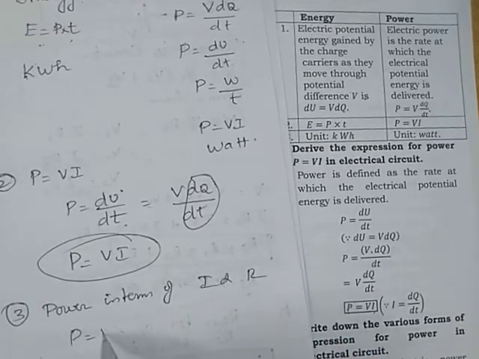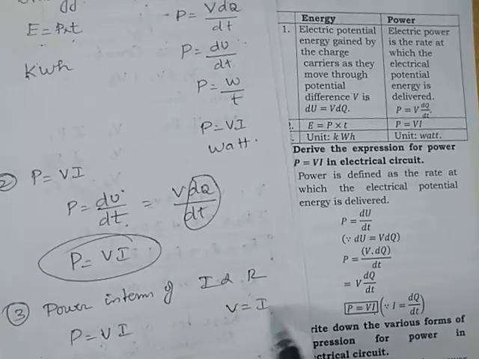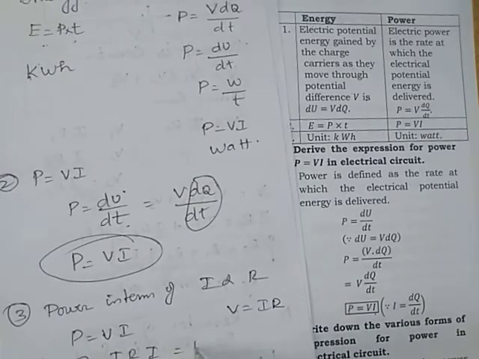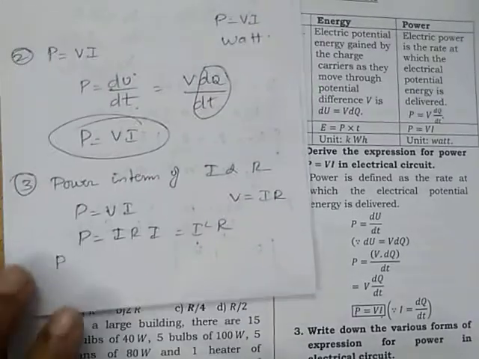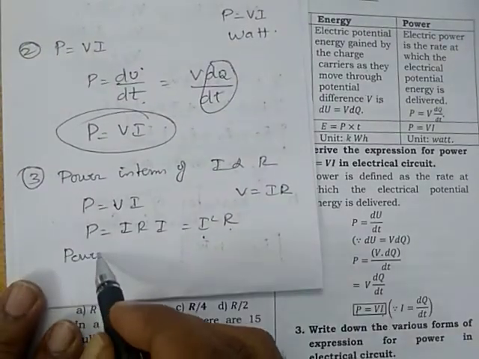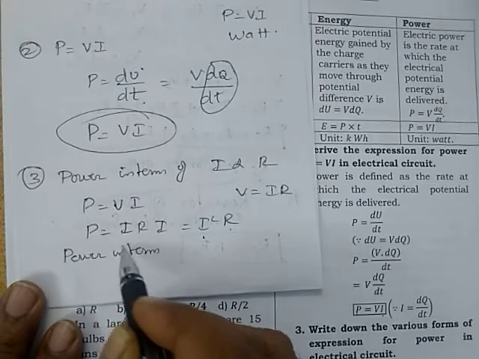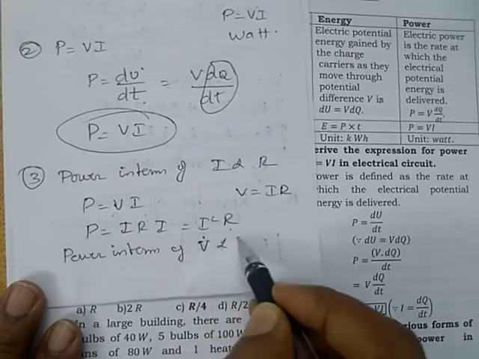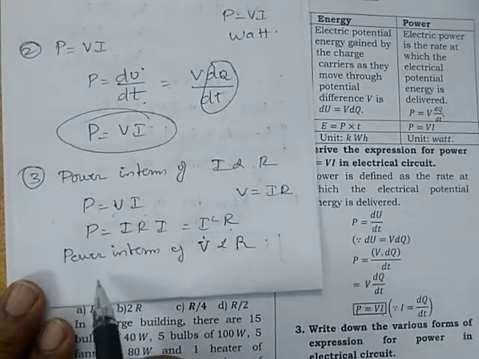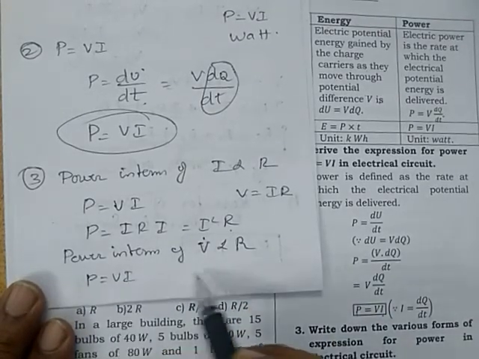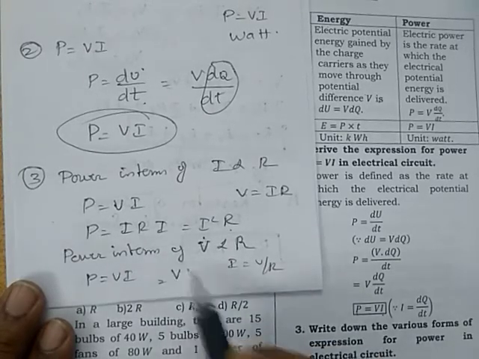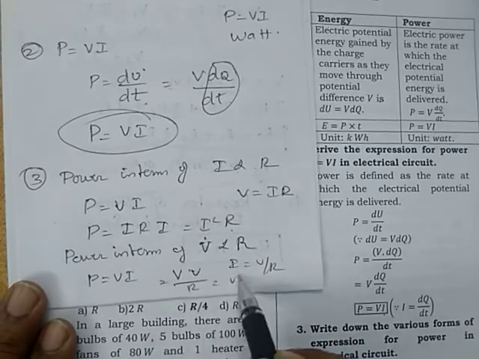We know P = VI and V = IR. Substituting here, V becomes IR, so we get I²R. Here is power in terms of I and R. We can also write power in terms of V and R. For this we substitute I = V/R. Substituting here, we get V × V/R, that is V²/R.